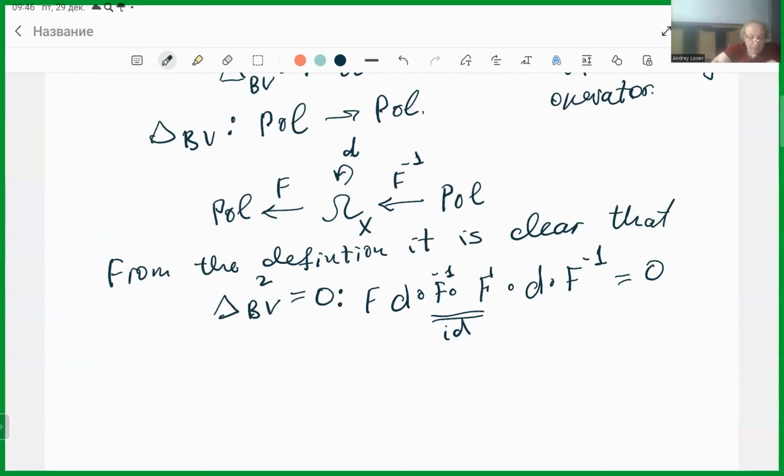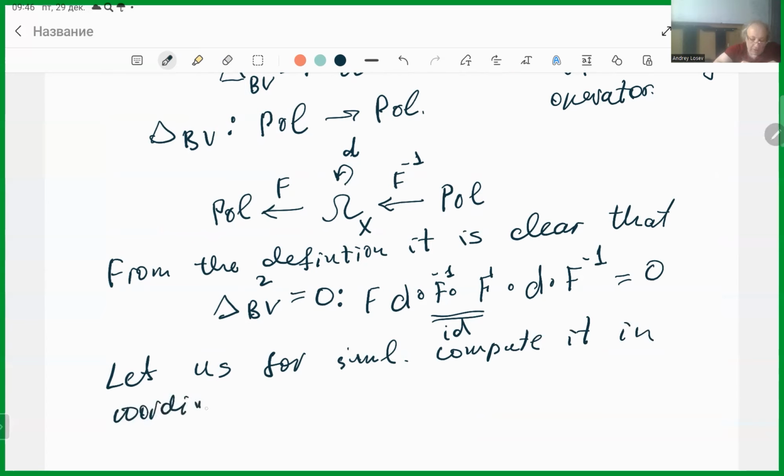Now, it is instructive to compute it. Let us, for simplicity, compute it in coordinates when rho of x equals 1.